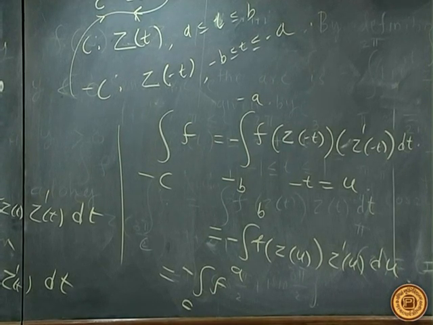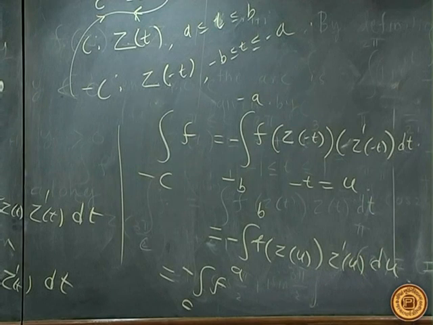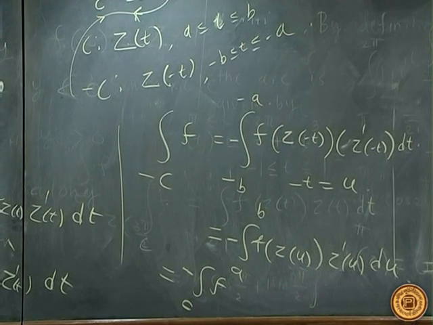The next property is statement 5 on your screen now. The integral of f(z) over c1 plus c2 is the integral of f(z) over c1 plus the integral of f(z) over c2.